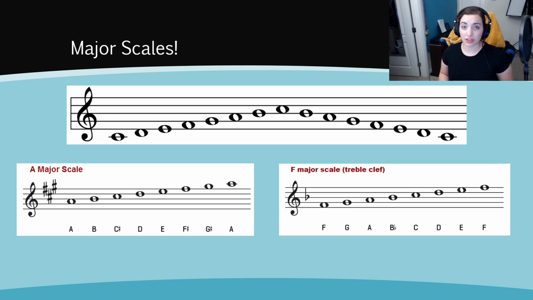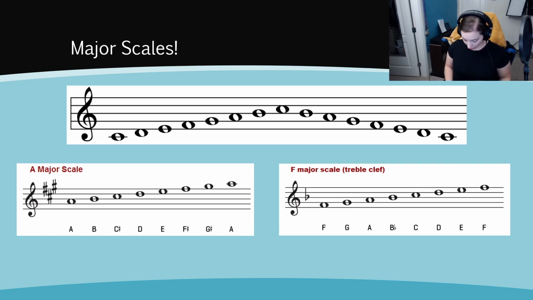Now we have to take a look at the key signature for whenever we're reading music. The key signature in A major has three of those little hashtags, if you will, or pound signs if you're older. But they are called sharps. So we have three sharps in A major.